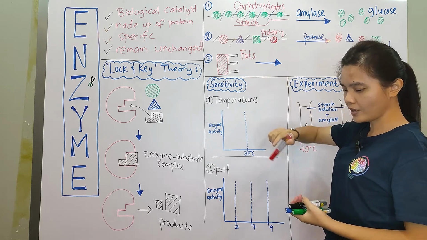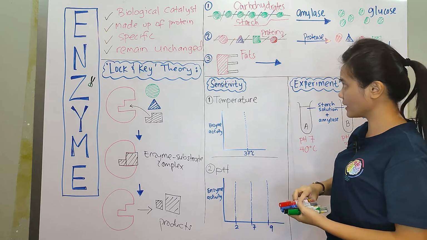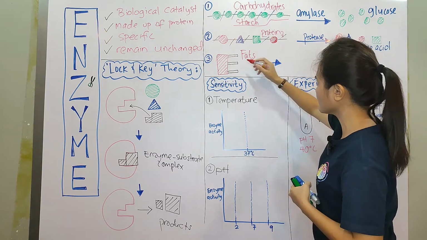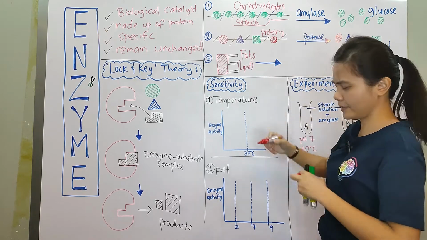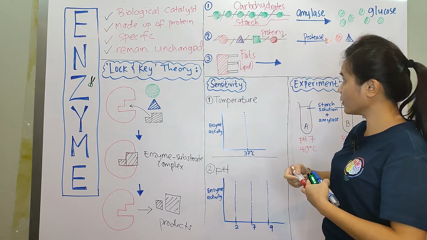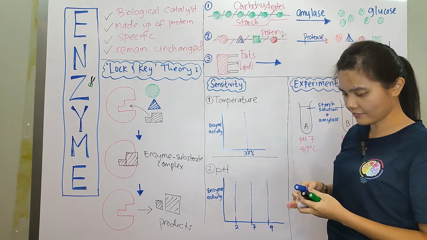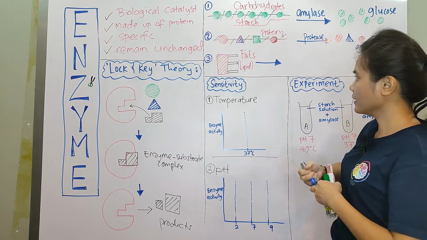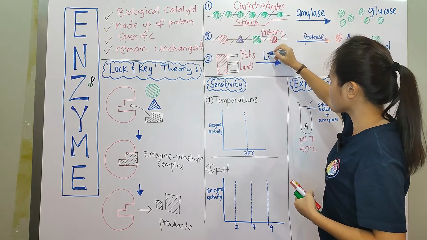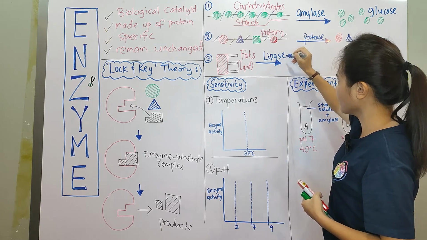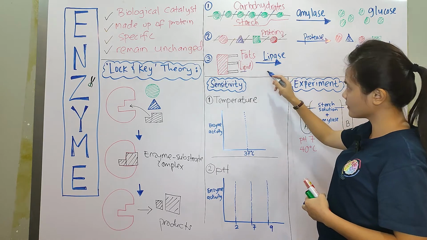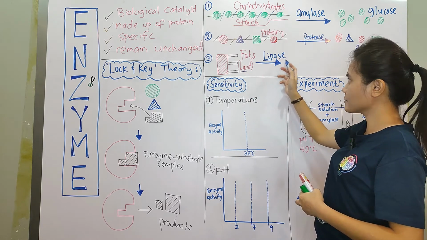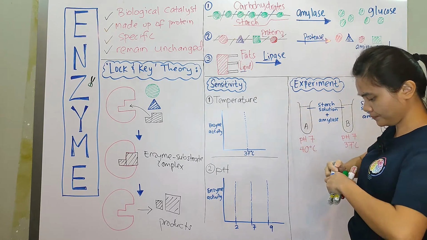But if you know another name for fats, which is lipid, okay, if you know lipid is fats and fat is lipid, you will know that the enzyme is called lipase. Lip.